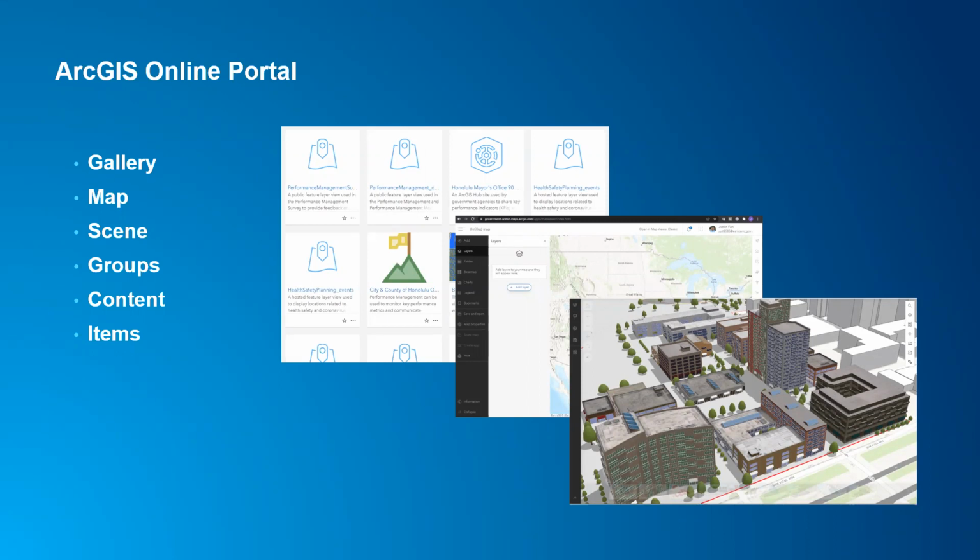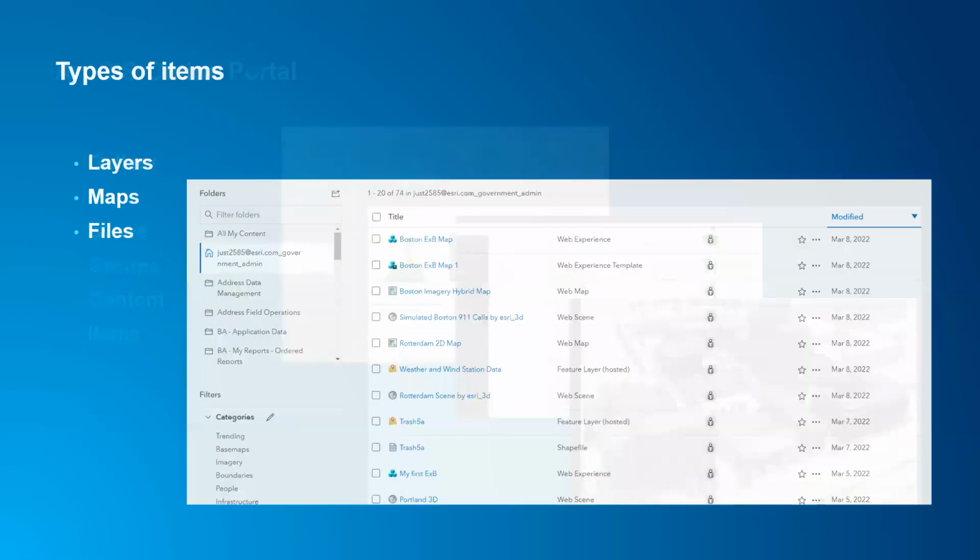The scene tab is where you can create and manage your 3D contents. We call it 3D scenes. The content tab is where you manage all your content, your items, right? By items, I'm referring to all the content items you're working with. In terms of item types, there are quite a few item types you can work with. Most common ones are layers.